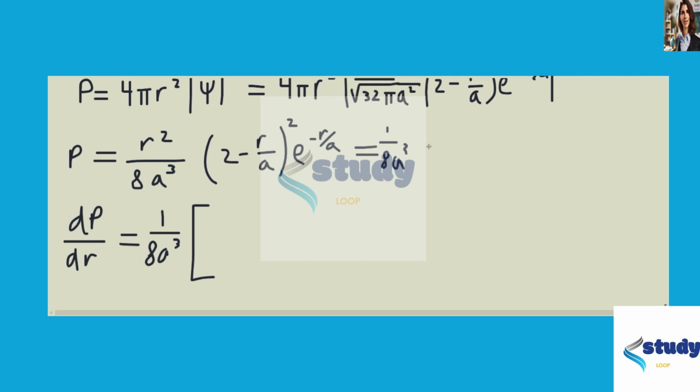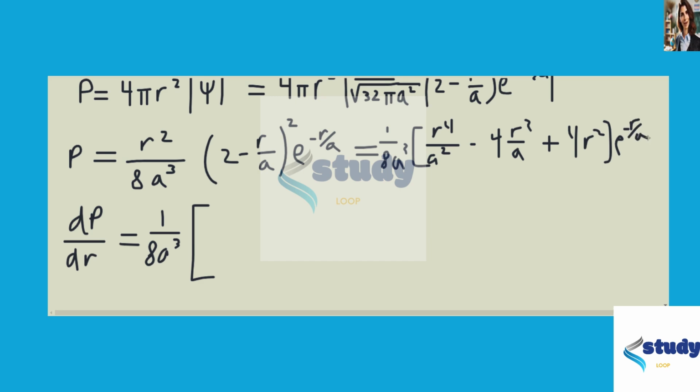Then carrying out the r squared term, we have r to the 4 over a squared minus 4 r cubed over a plus 4r squared. And then this is multiplied by e to the minus r over a.